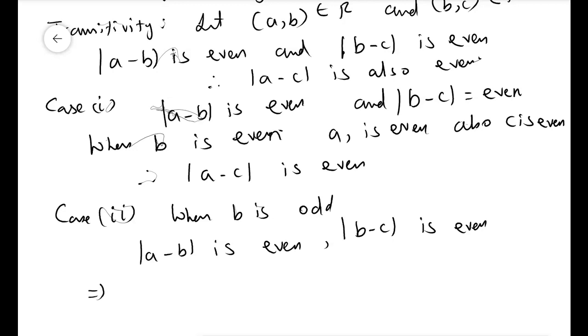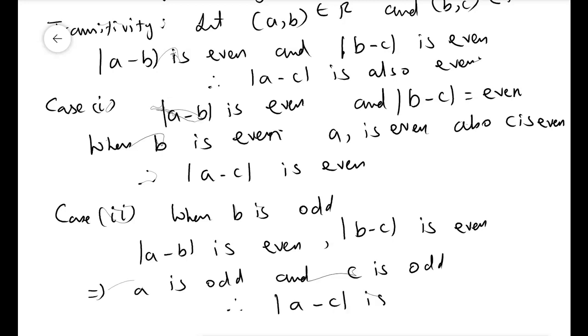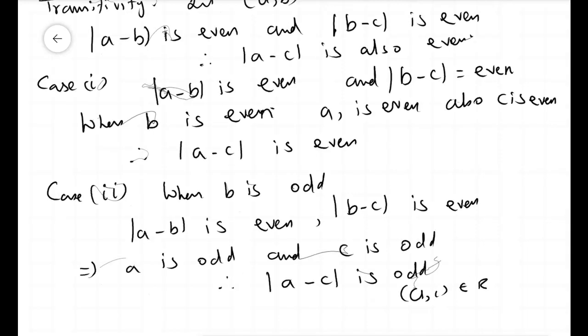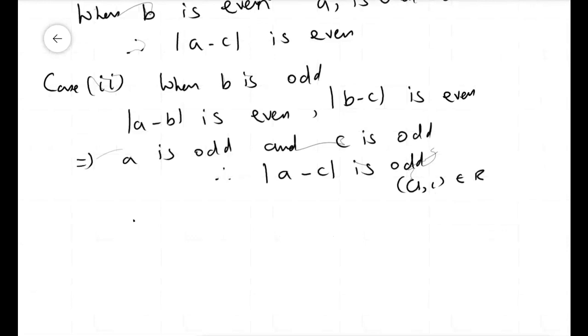In that case, a is odd and c is odd. Therefore, modulus of a minus c is even. We can see that (a, c) belongs to R. Hence, R is transitive.